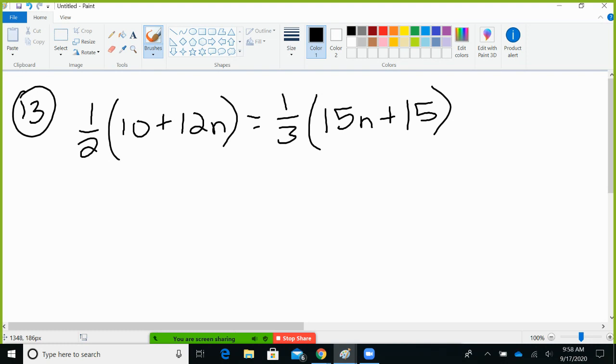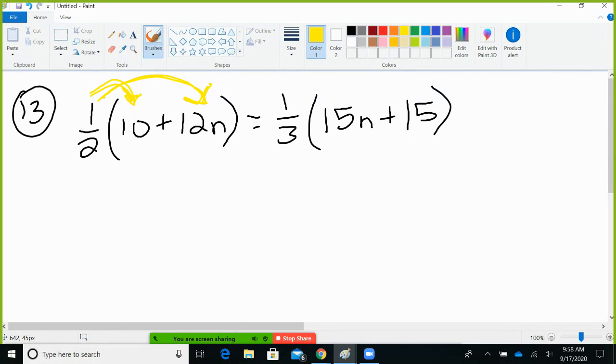Now, Cody, do you know what would be the first step for this problem? Exactly. Perfect. You distribute the fractions through the parentheses.